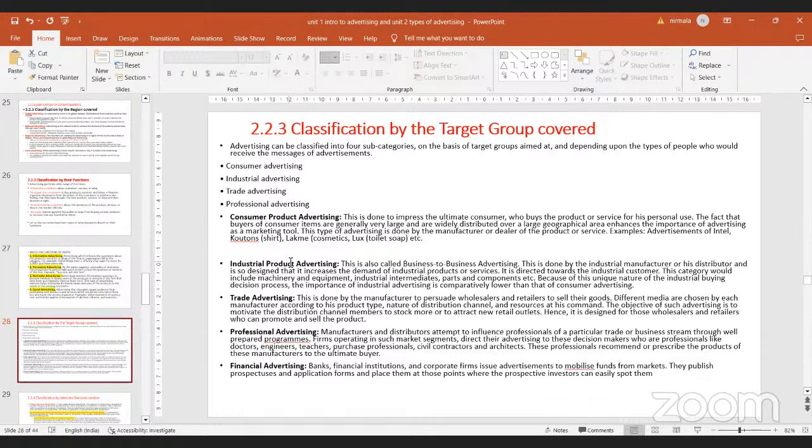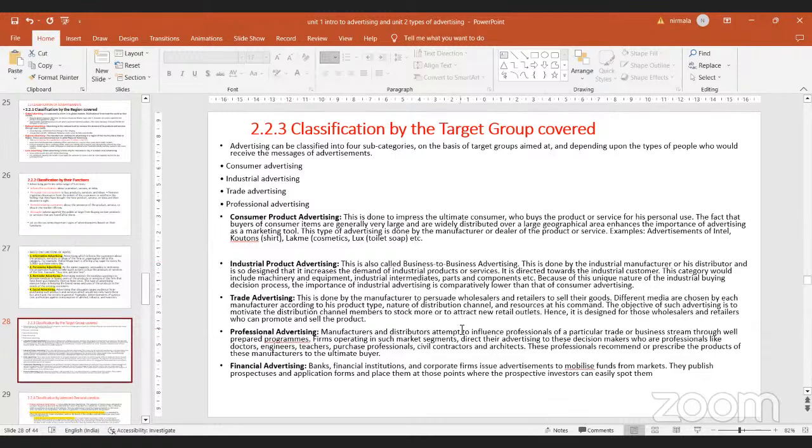When it comes to trade advertising, it is done by the manufacturers to persuade the wholesalers and retailers to sell their goods and services. So here again, different kinds of media platforms are used by these manufacturers to reach out to the promising retailers and wholesalers, based on the distribution channels which are available for the marketers.